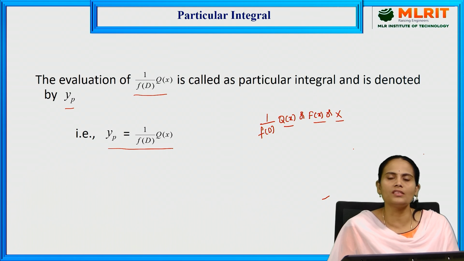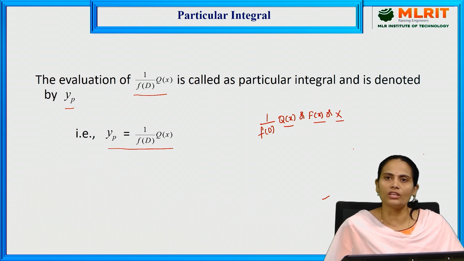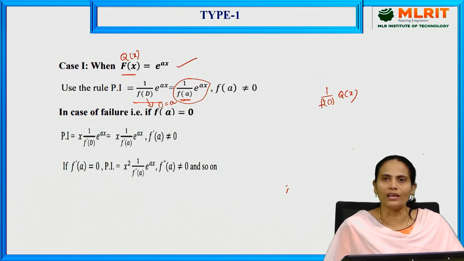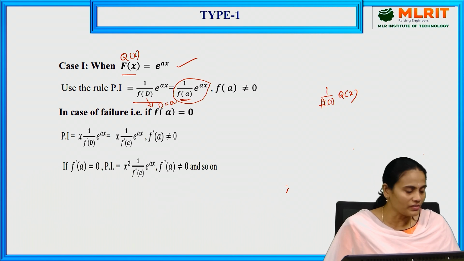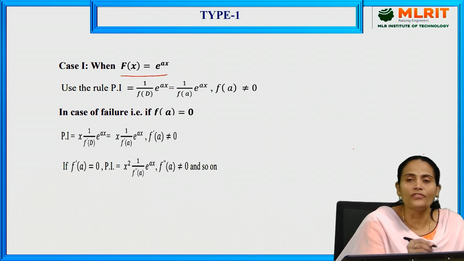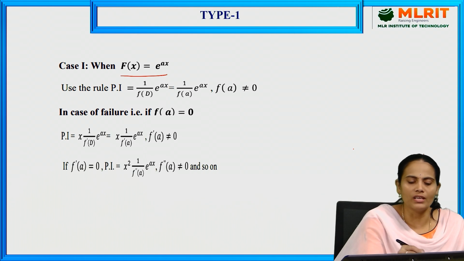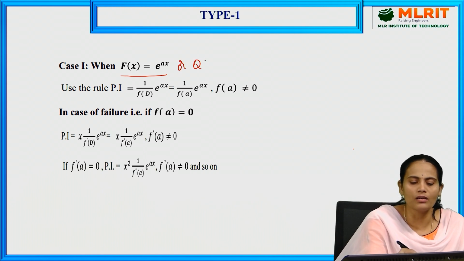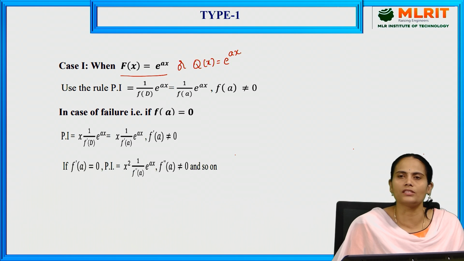Now let us see how to find the particular integral of type 1. Type 1 is when f of x or Q of x is equal to e power ax.